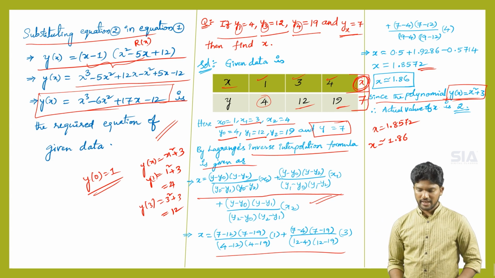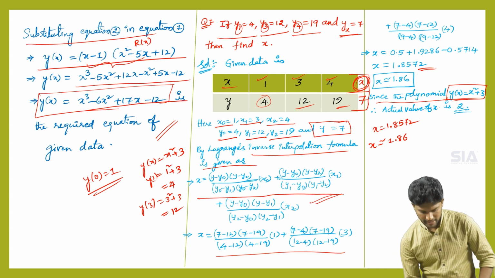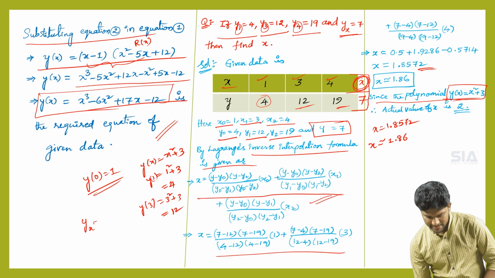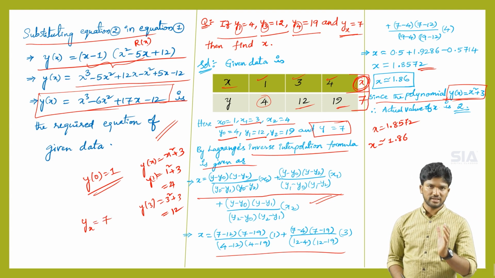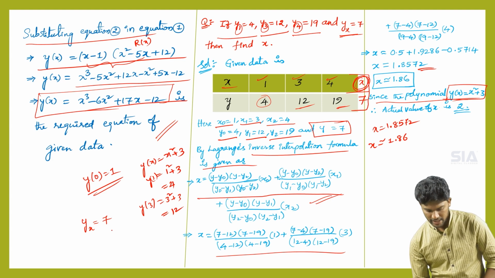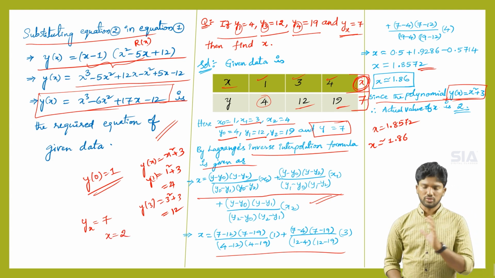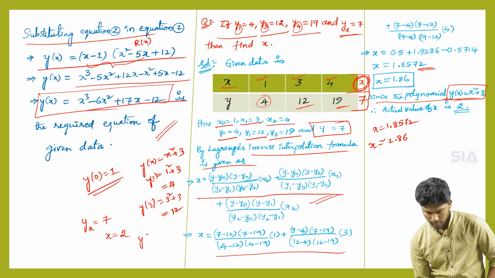Similarly, to get y of x is equal to 7, you need to substitute x is equal to 2 in that equation. Therefore, y of 2 is equal to 2 square plus 3, then only you will get 7.